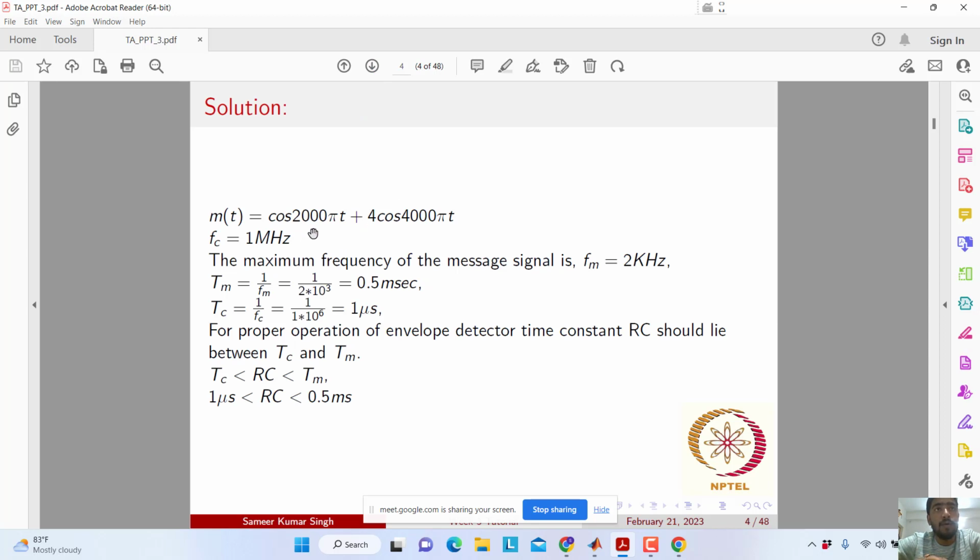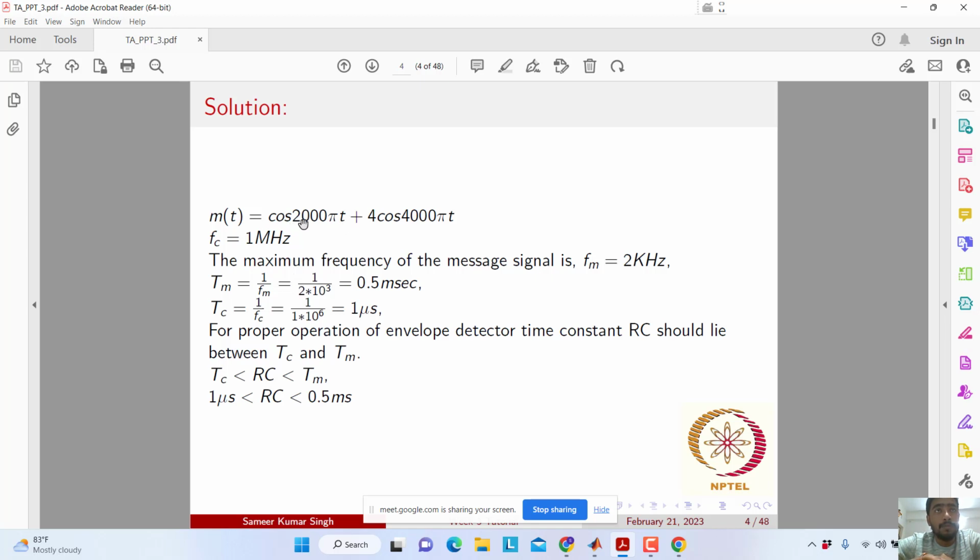First of all, our m(t) is given as cos 2000 pi t and 4 cos 4000 pi t. It's a combination of two message signals. We have a carrier frequency of 1 megahertz. First, we will calculate the fm of the message signal.